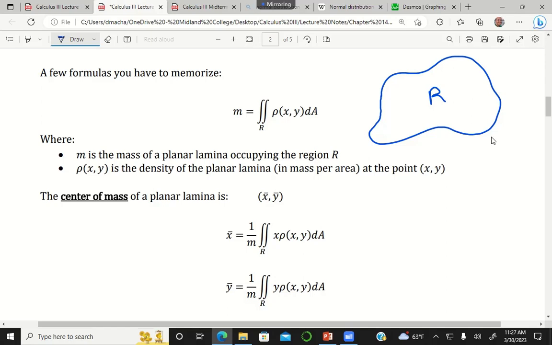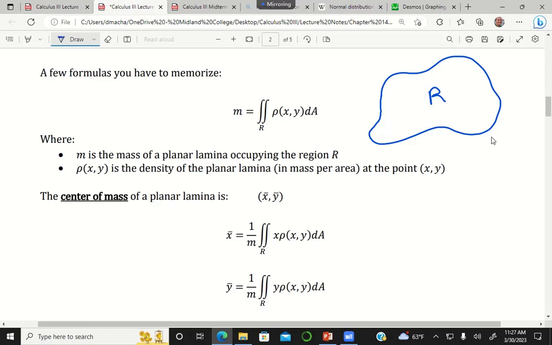It doesn't have any appreciable thickness, but it still weighs something. Aluminum, steel, iron, whatever you want to call it, just some very, very thin plate that still has some mass to it.